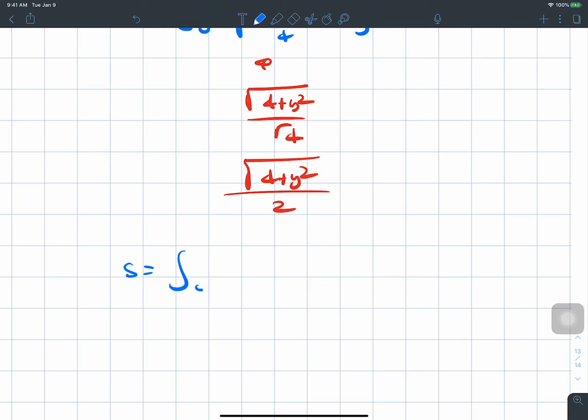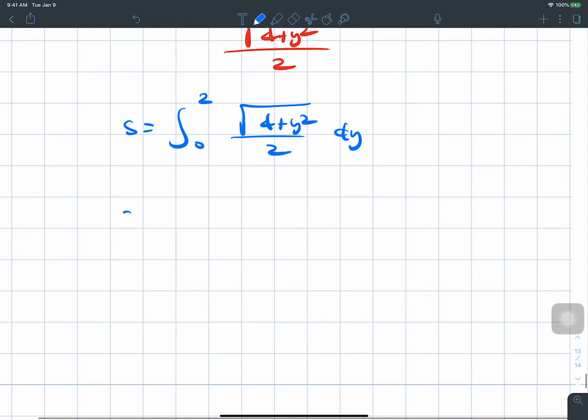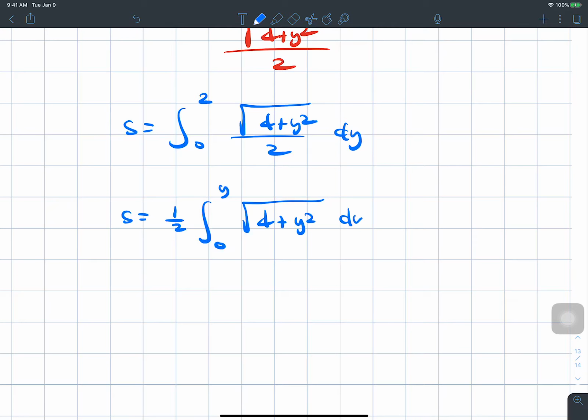Arc length, 0 to 2, square root 4 plus y squared divided by 2 dy. And really pull out the constant, 0 to 2, square root 4 plus y squared dy.